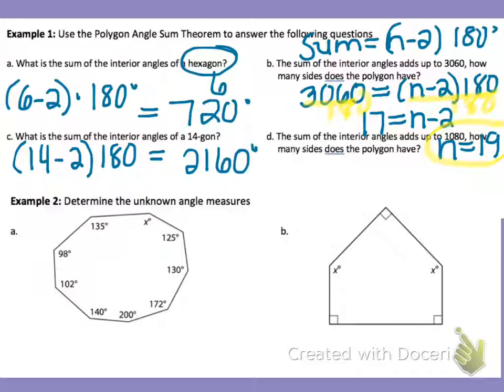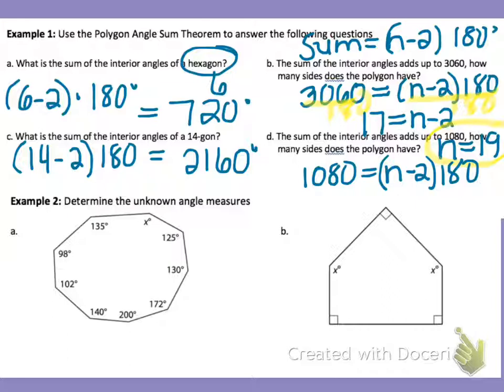D, the sum of the interior angles adds up to 1,080. How many sides does the polygon have? So that's really similar to B, but this time they're telling us that the sum is 1,080, and we have got to find n. So that would be n minus 2 times 180 equals 1080, and the first step I'd have to do is divide by 180.